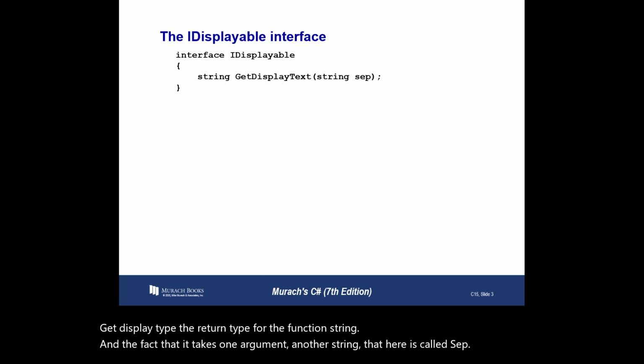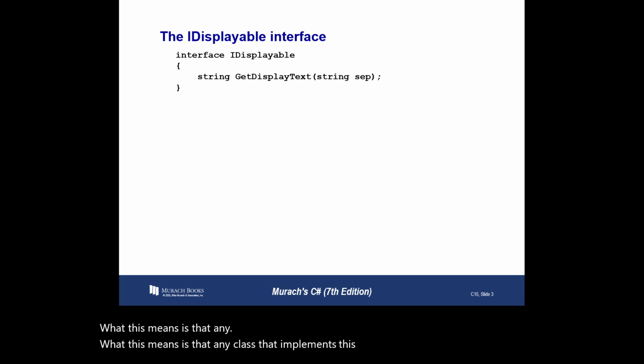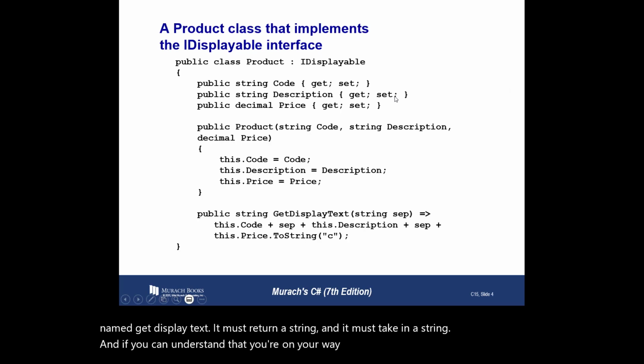What this means is that any class that implements this interface must provide a function named GetDisplayText. It must return a string, and it must take in a string. And if you can understand that, you're on your way to understanding interfaces.